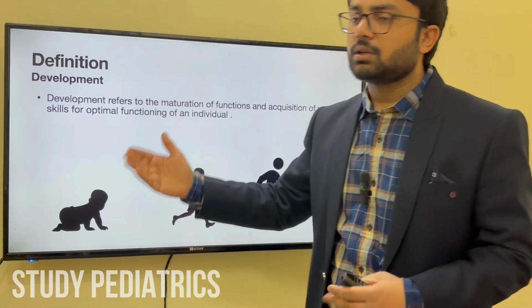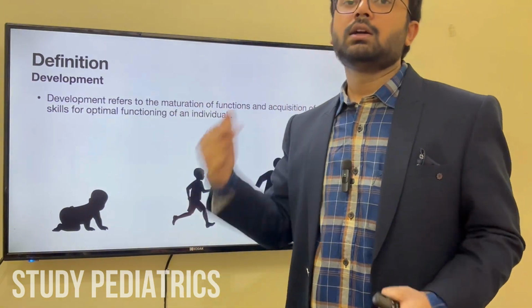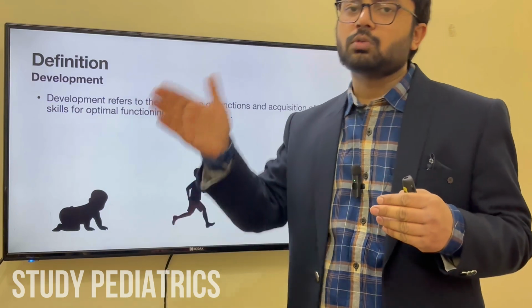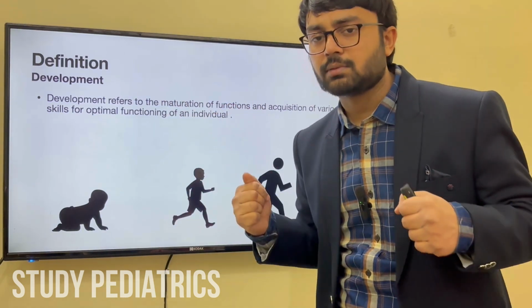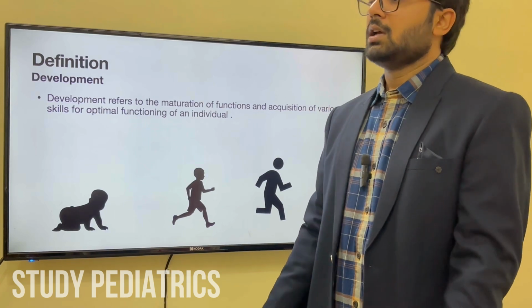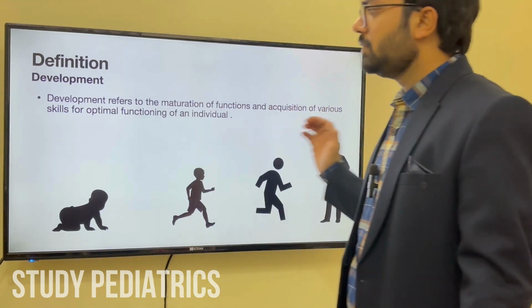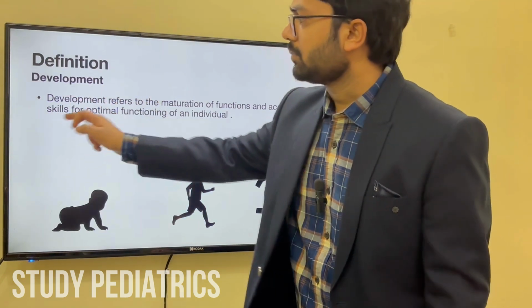Just like in order to stand, the child first needs to hold the neck, then roll over, then sit with support, then sit without support, then stand with support, then stand without support, and then walk. So everything requires the development of skills.